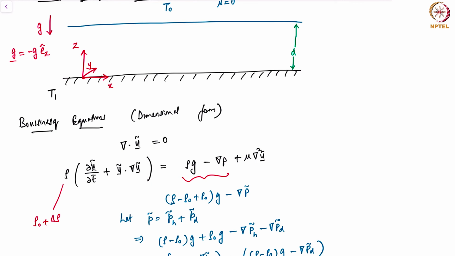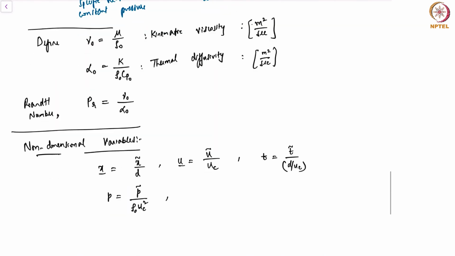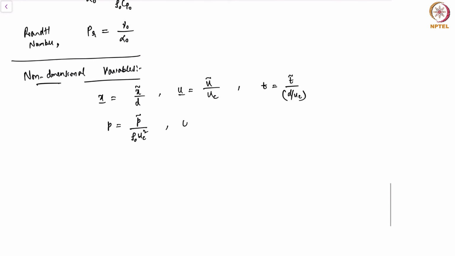So to define a variable whose value is between 0 and 1, we will consider the variation of the temperature between the hot plate at the bottom and any point in the bulk. So that will be T1 minus T tilde, and then we will divide it by the maximum variation that is possible. That's T1 minus T0.